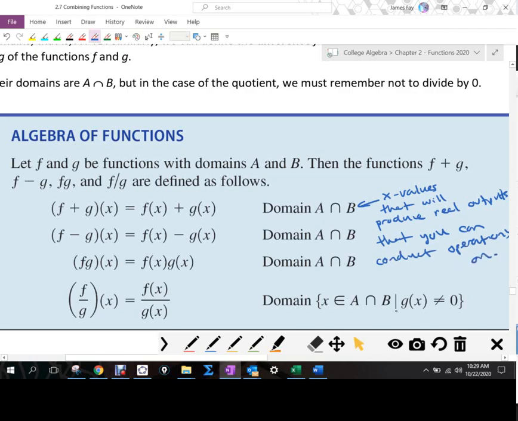Meaning I get like a number like 1/3 plus 0 or 1/3 plus 12 or something like that, where I don't get 1/3 plus undefined, because that's not an operation that I can do. Undefined is not a real number.